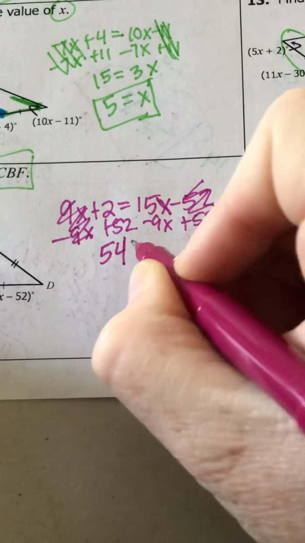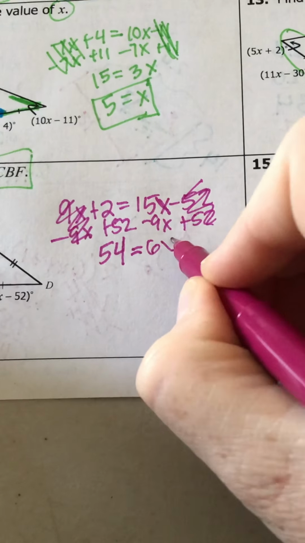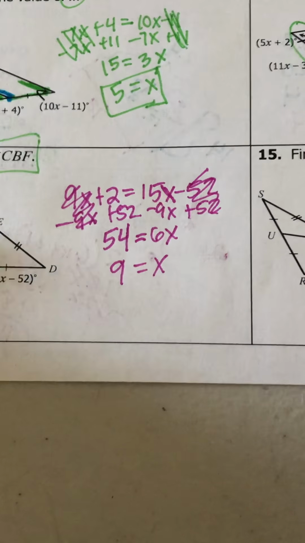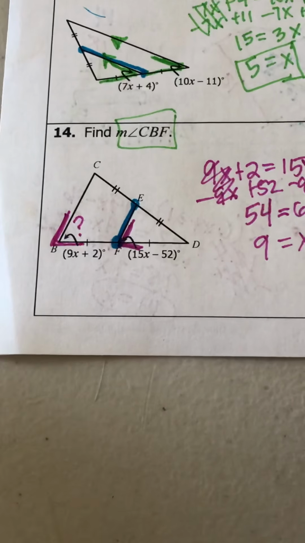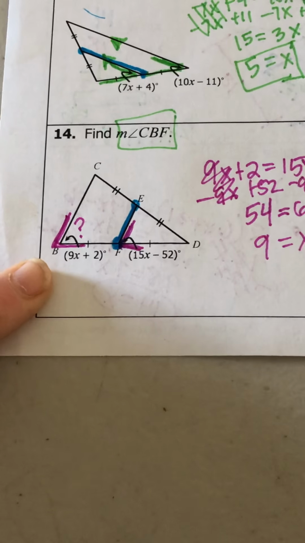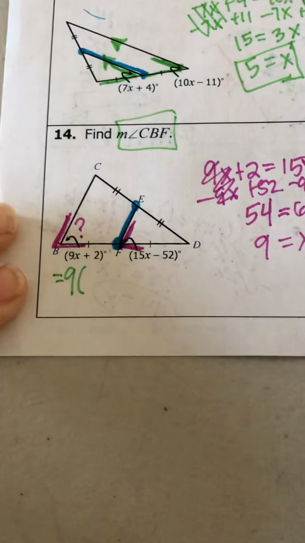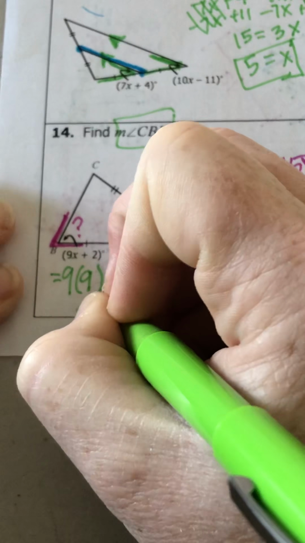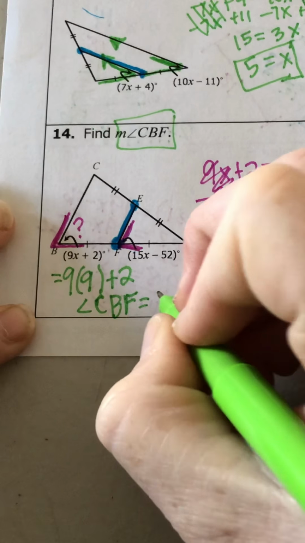So 54 equals 6x, and therefore 9 is x. Even though these are corresponding, you can plug into either angle, but I'll stick with the one that's the question. So 9 times 9 plus 2 means angle CBF is 83 degrees.